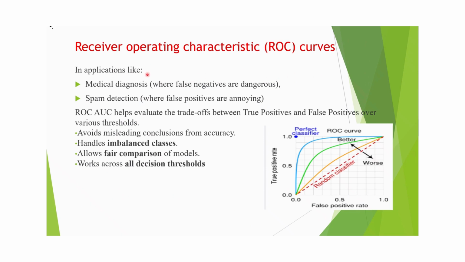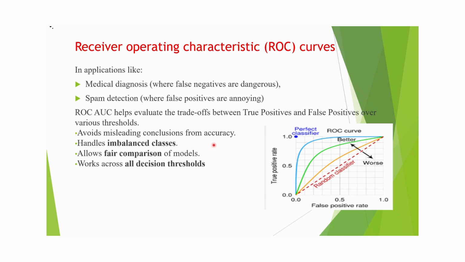In applications like medical diagnosis, where false negatives are dangerous, we can use ROC curves. Similarly, in spam detection, where false positives are annoying, ROC AUC helps evaluate the trade-offs between true positives and false positives over various thresholds.